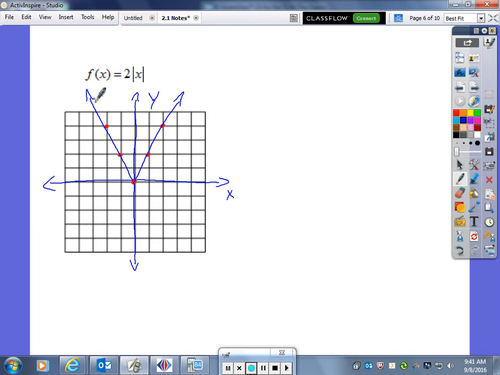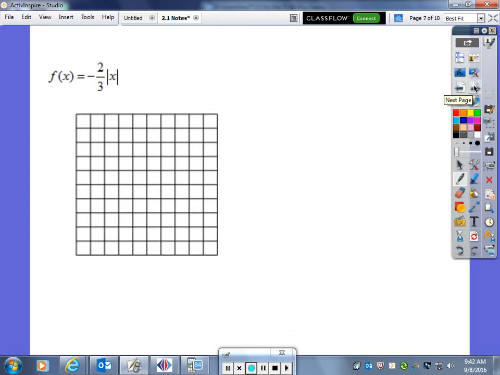So this 2 that's multiplied by our absolute value of x acts like a slope. We will also talk about it and call it dilation. And you do remember what dilation means from geometry, and we use it in a very similar sense in the transformations of functions right here. Let's look at our next example.